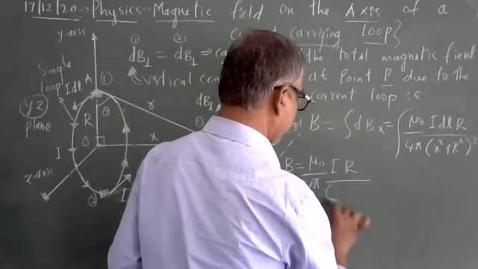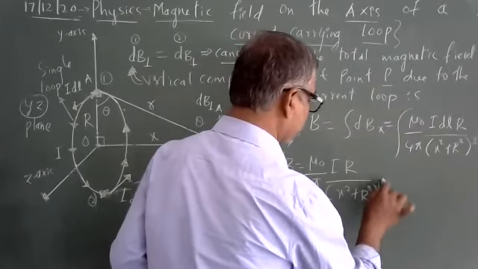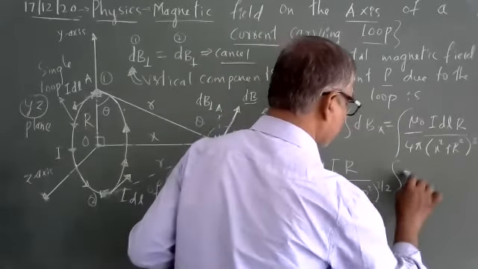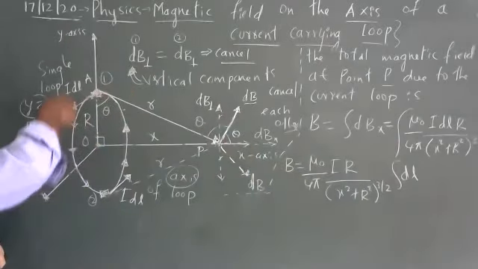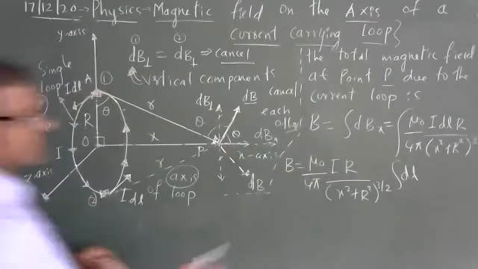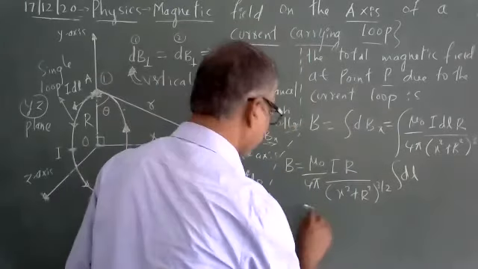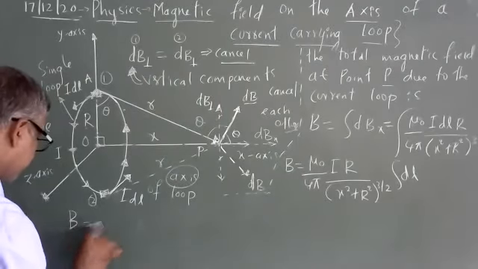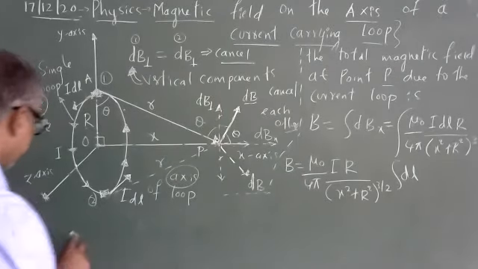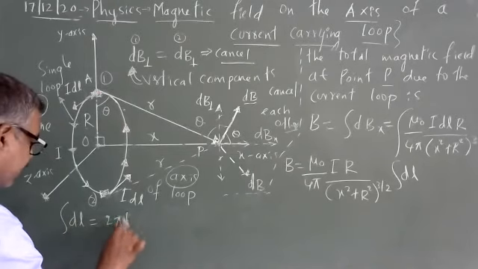In the denominator, I have x square plus r square to the power 3 by 2, whereas the integration is over dl. And the integration of dl is the total length of the circular loop. The total length of the circular loop is 2 pi r. Hence, I can write integration of dl equal to 2 pi r.